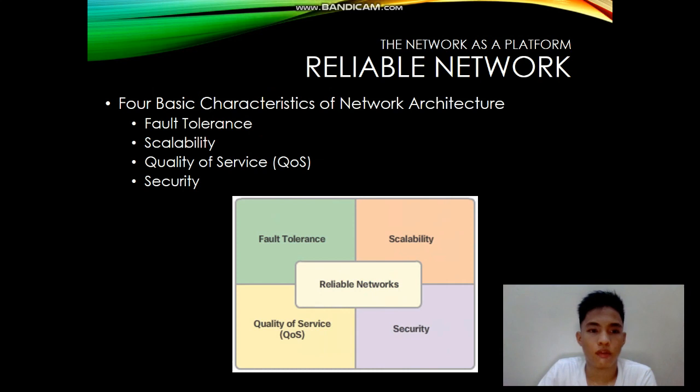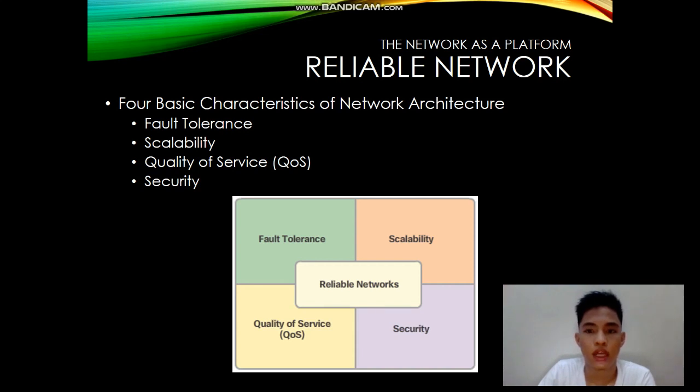Reliable network. Four basic characteristics of network architecture: fault tolerance, scalability, quality of service, and security. Fault tolerance is the ability to handle errors in the network.